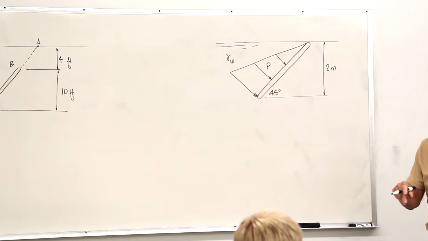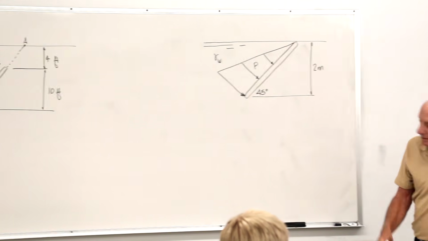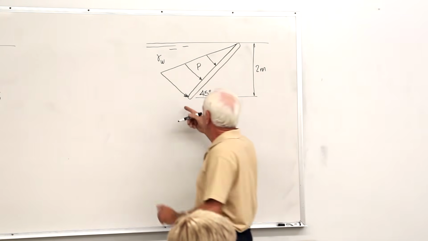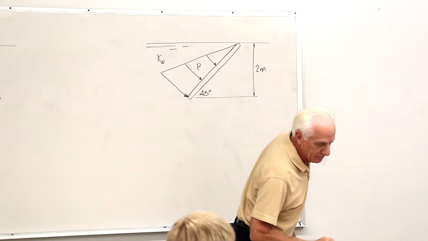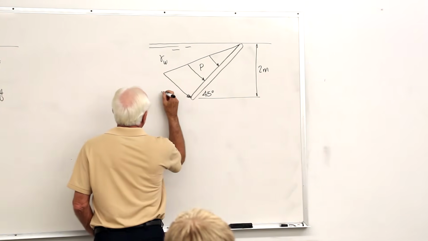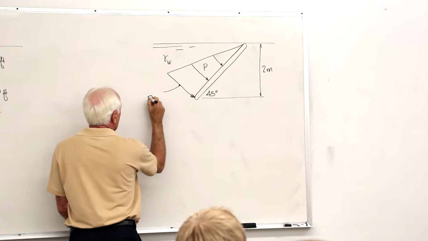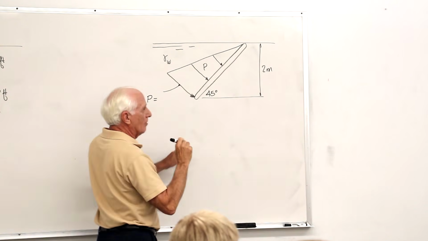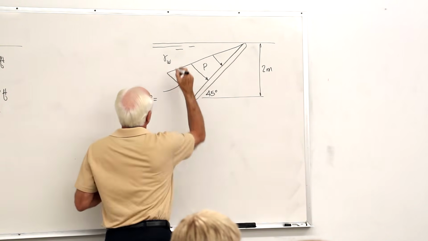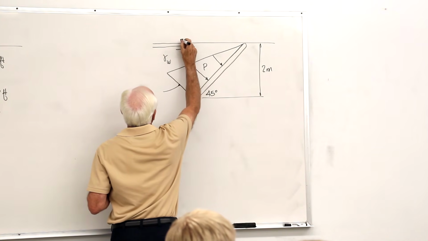If you recall, we had the pressure down here. Let me mark this down here. The pressure right there, at this point right here, that pressure line. How far down are you from the free surface? 2 meters down.